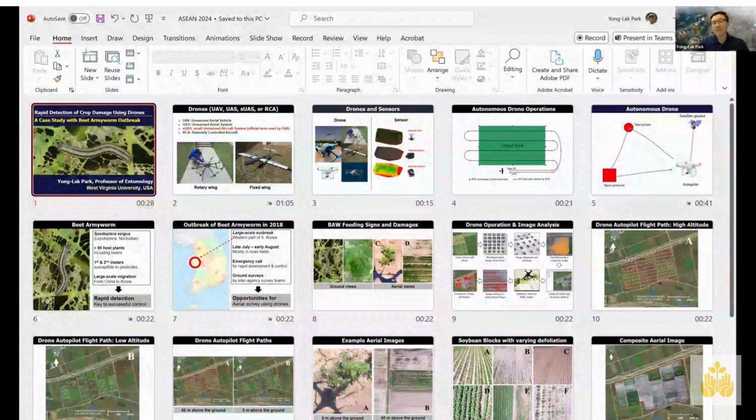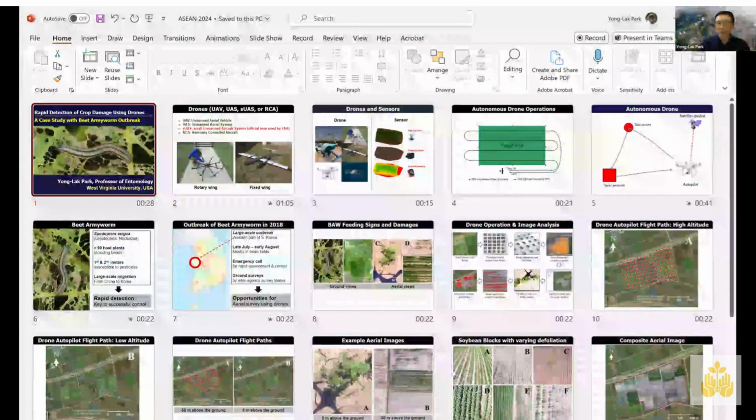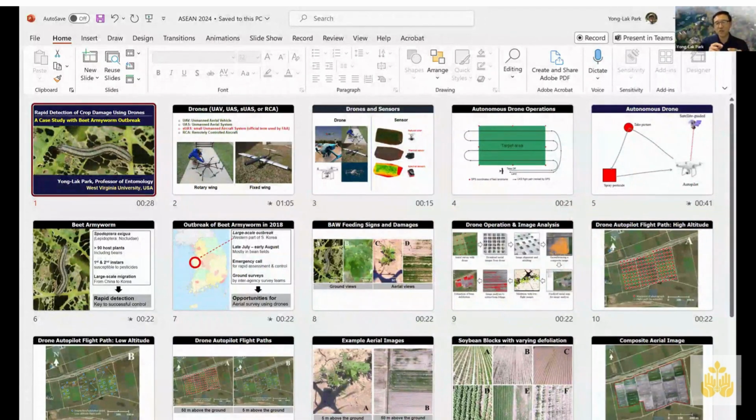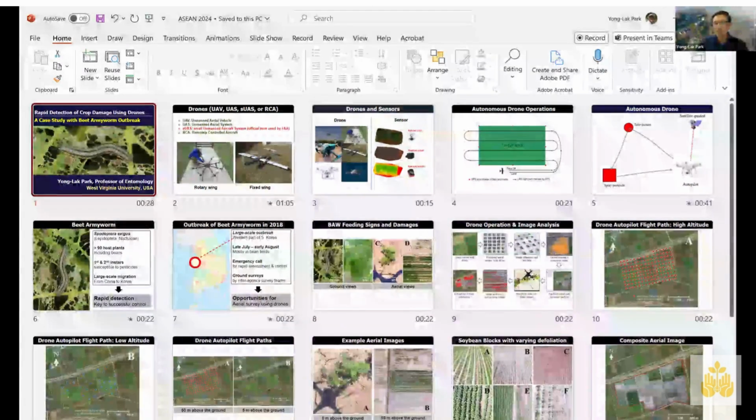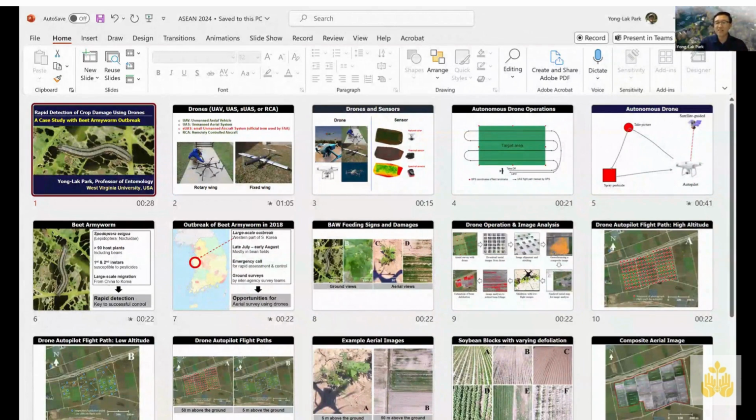So we published a couple of papers about detecting the insect itself directly, so that we make sure not only that we are detecting damage, but also detecting insects. So we can make sure what insects are making that damage. Fall armyworm is, I think, a relatively easy one to detect in terms of damage, because their damage is so high and extensive.